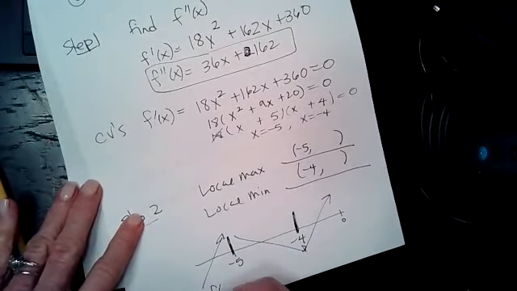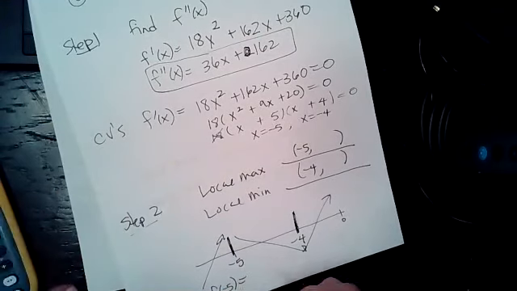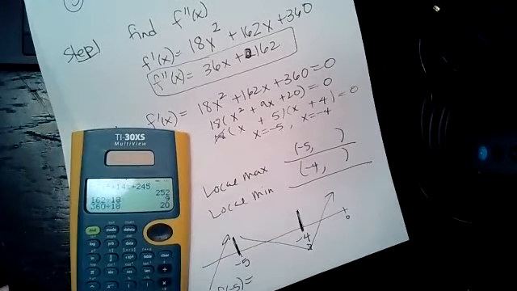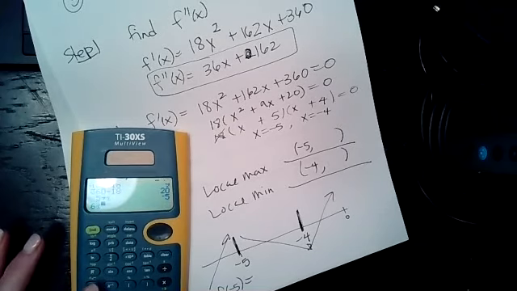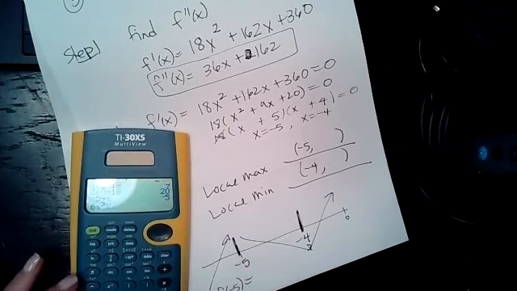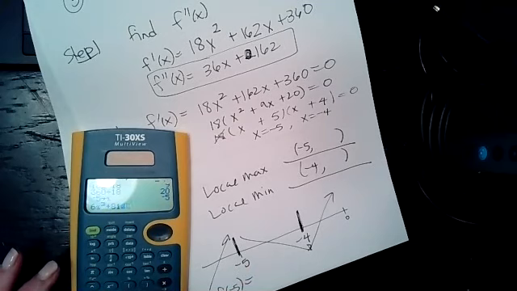So f of negative 5, do negative 5, store for x and enter. And then I plug in my original function, which was 6x to the third plus 81x squared plus 360x minus 90.